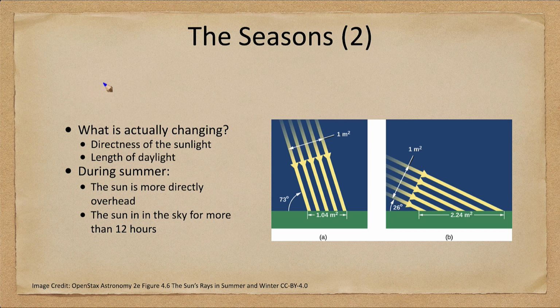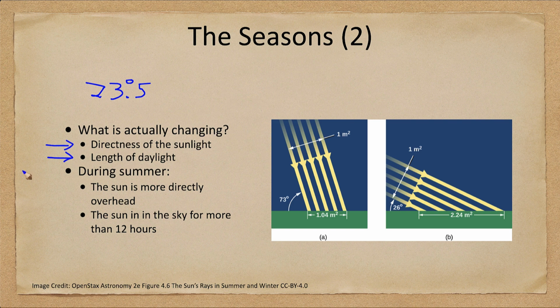We talked about the 23.5 degree tilt. That means it's going to cause two things to change. One is how directly the sunlight strikes Earth. And two is the length of daylight, how long the days are.